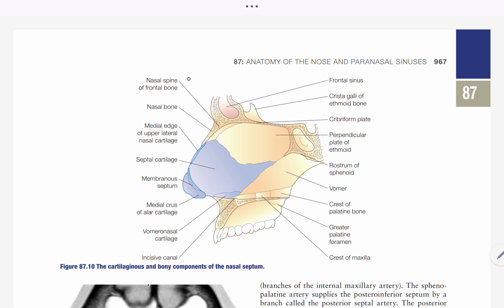Nasal spine of frontal bone, nasal bone, medial edge of upper lateral cartilage, lateral nasal cartilage, septal cartilage, membranous septum, medial crus of alar cartilage, vomeronasal cartilage, incisive canal, crest of maxilla, greater palatine foramen, crest of palatine bone, vomer, rostrum of sphenoid, perpendicular plate of ethmoid, cribriform plate, crista galli of ethmoid bone, and frontal sinus.